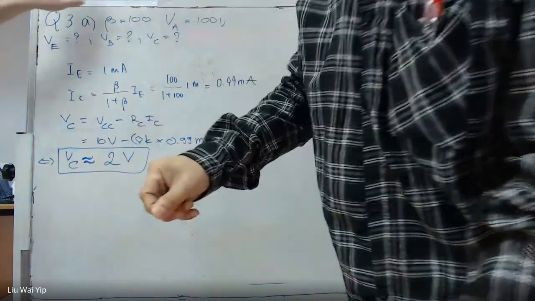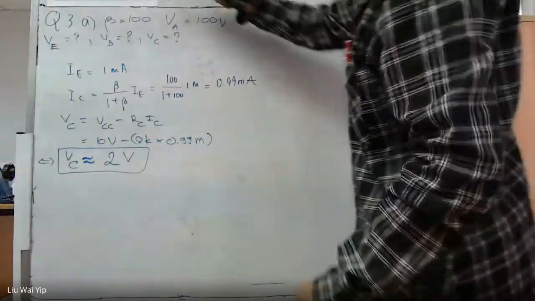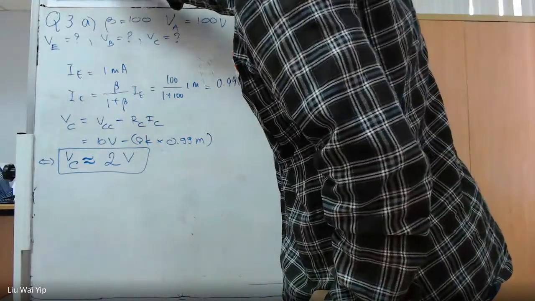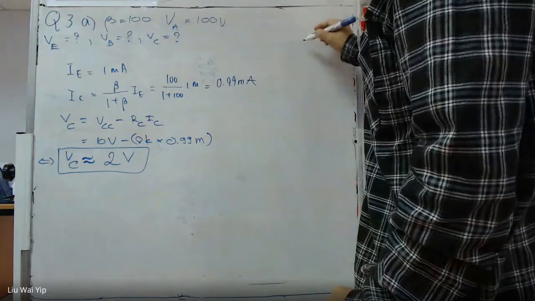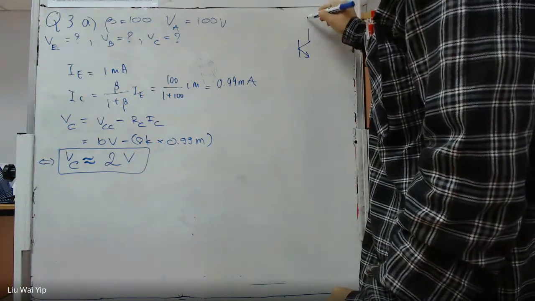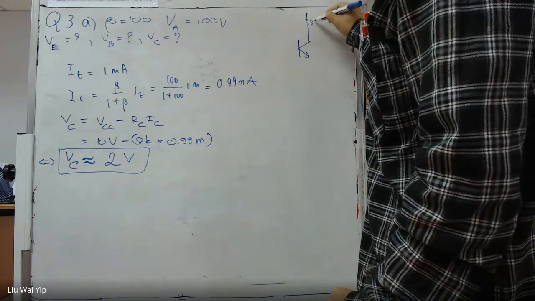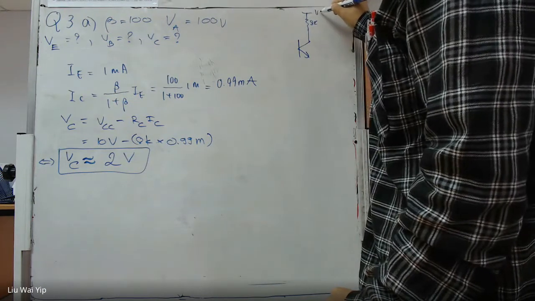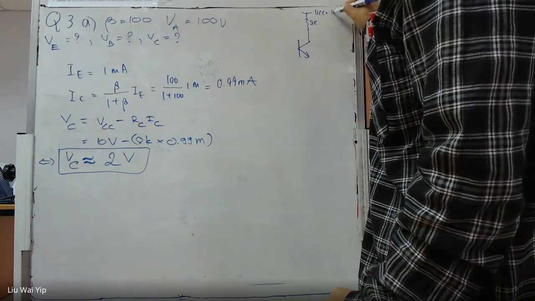So now we do the DC biasing. We are still in question A. Now you have a voltage here, VCC equal to 10 volts.